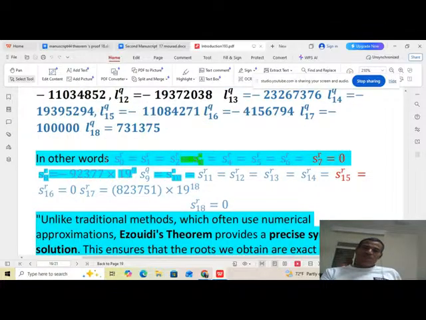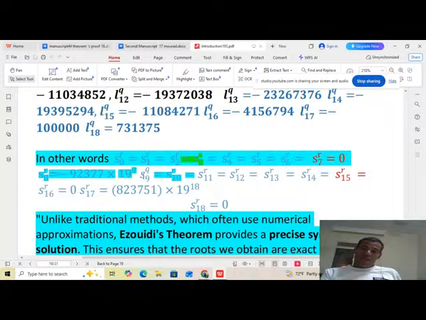In other words, S0, S1, S2, S3, S4, S5, S6, and S7 are all equal to 0, except S8, which is equal to negative 92,377 multiplied by 19 raised to the power 9.